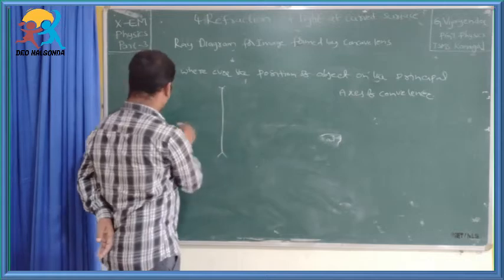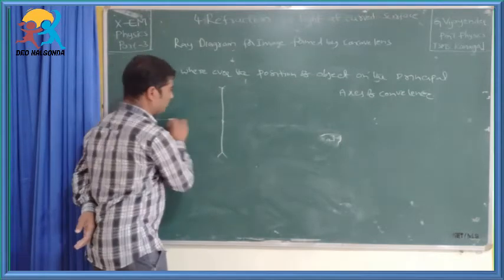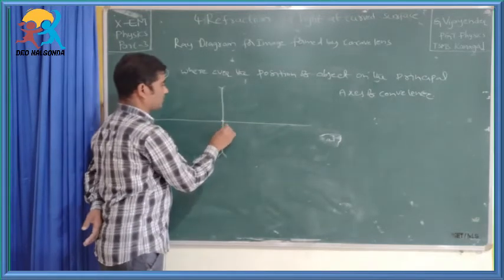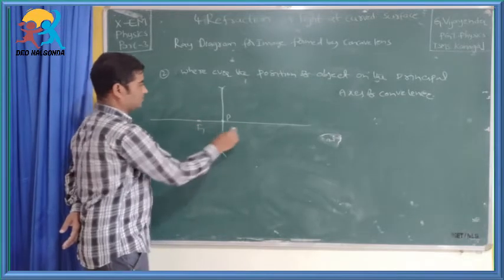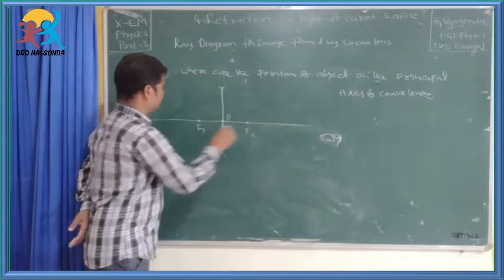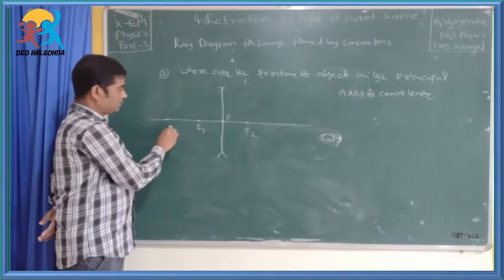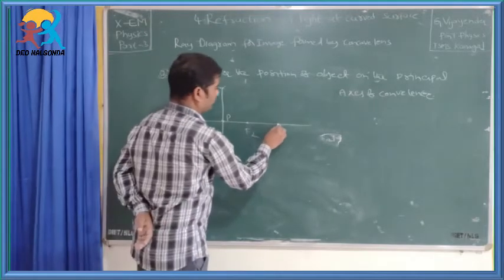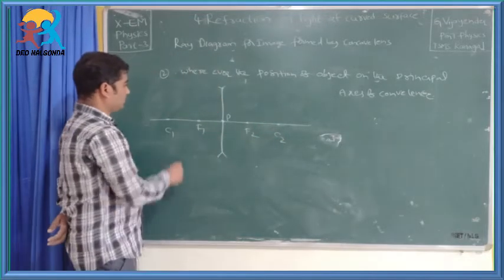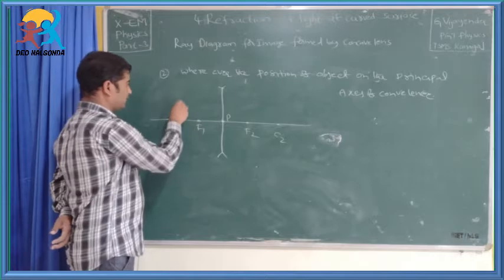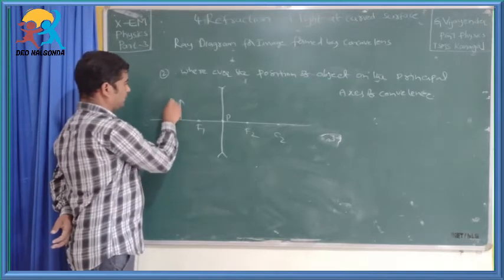This is the concave lens, the optic center. It has two focuses, f1 and f2, and two centers of curvature, c1 and c2. Now take the object AB.